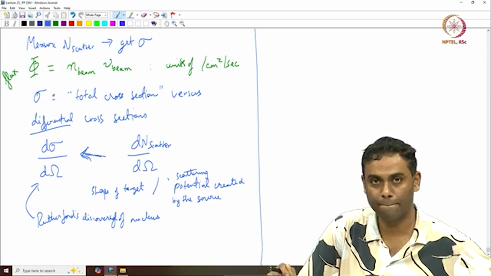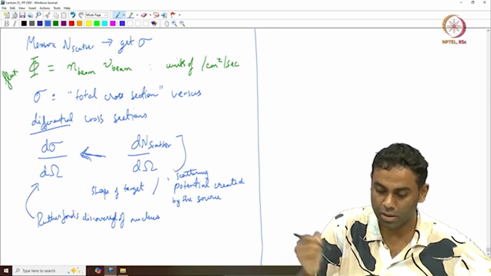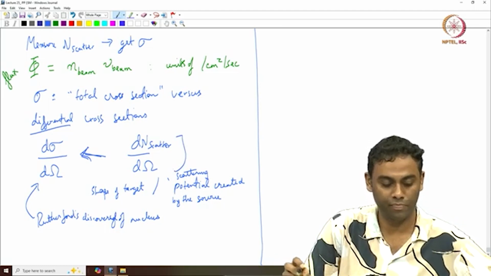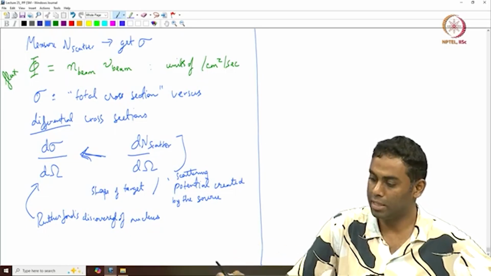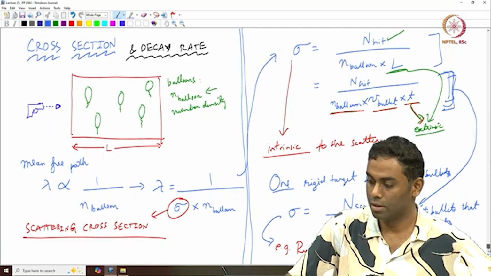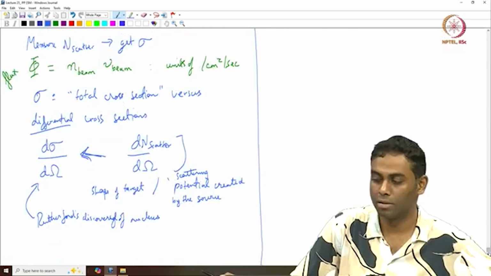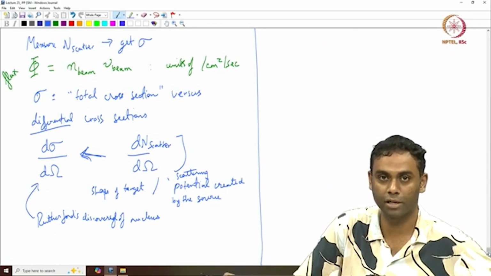On top of that, he got some precise relations for the differential cross section with respect to scattering angle. Right? And from that he knew it had to be a Coulomb potential. There was a Coulomb force being created by the object that he was scattering on.